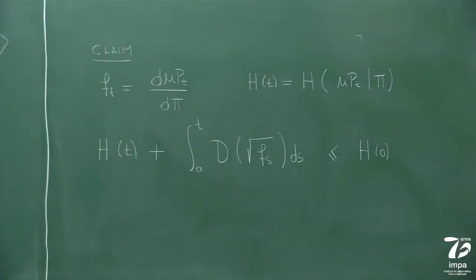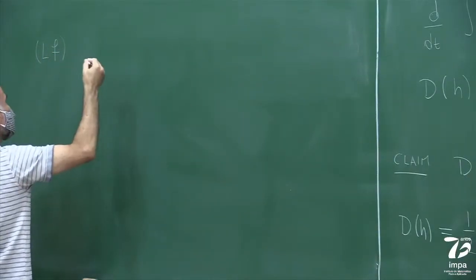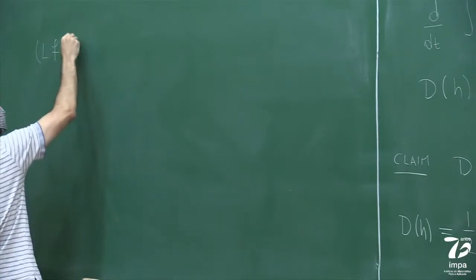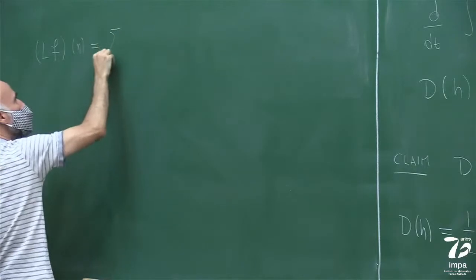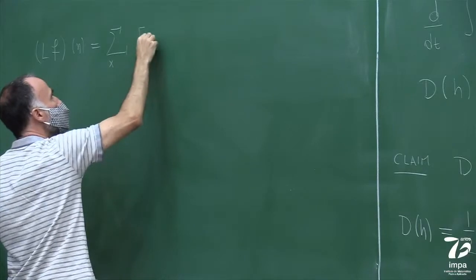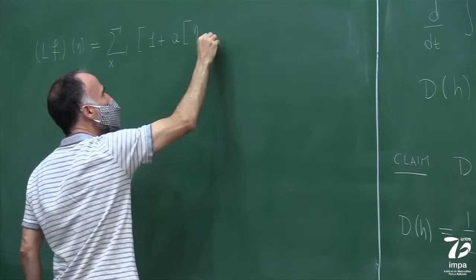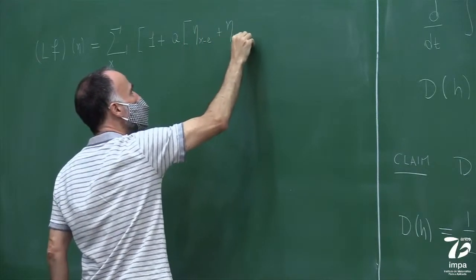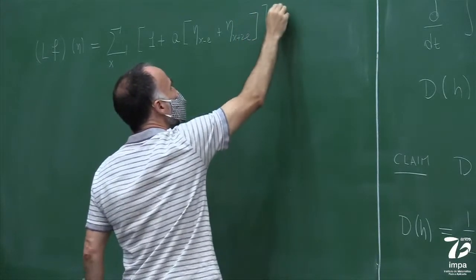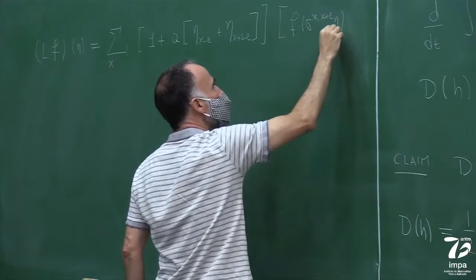Okay, we have seen that the generator of the exclusion process, the one I introduced yesterday, can be written as the sum over all x of 1 plus a times eta x minus e plus eta x plus 2e, of f of sigma x, x plus e eta minus f of eta.